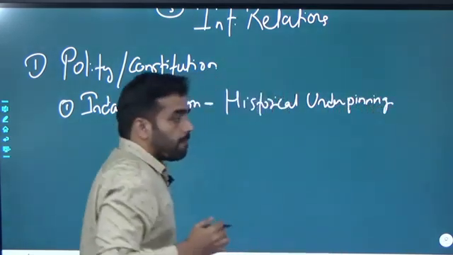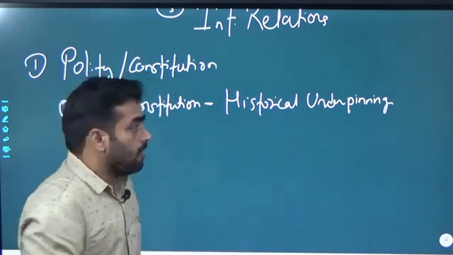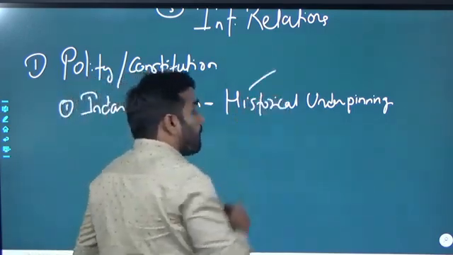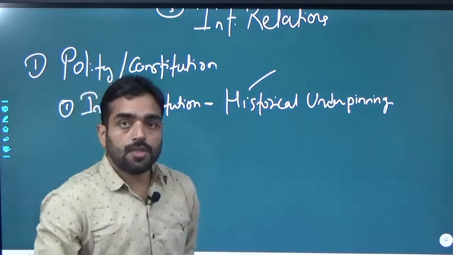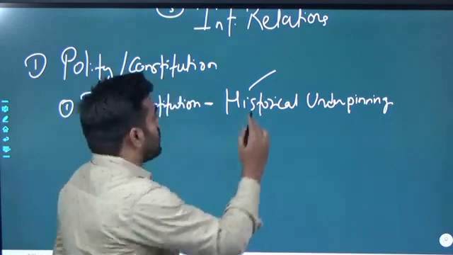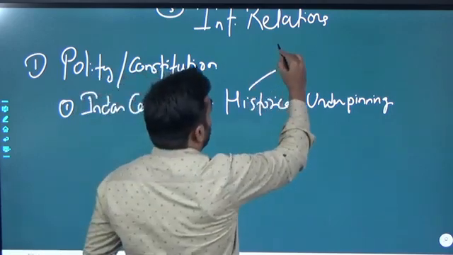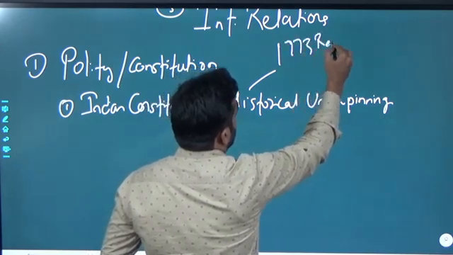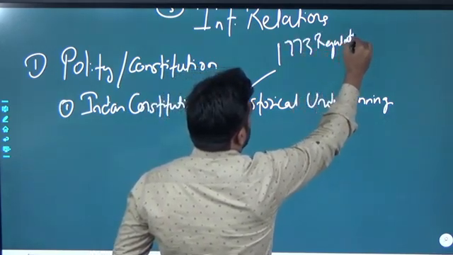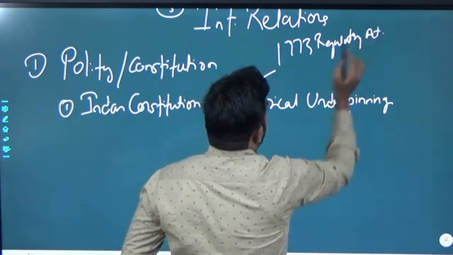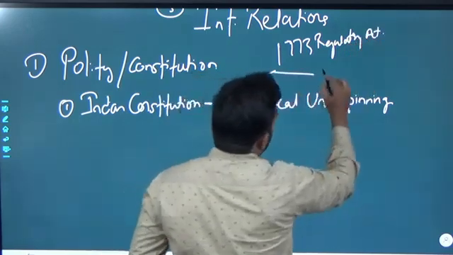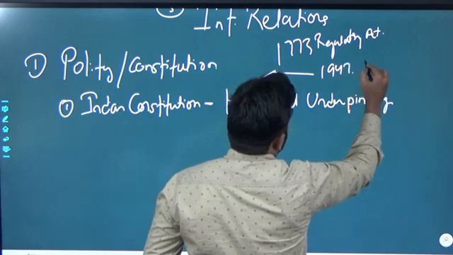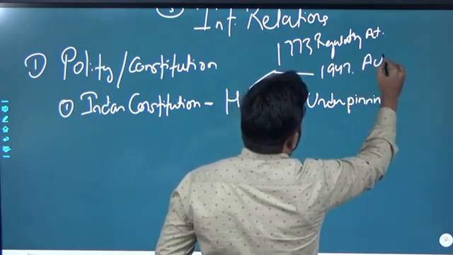In historical underpinnings, you will find that the development of the constitution in India started from the 1773 Regulating Act and culminated with the 1947 Act of Independence.